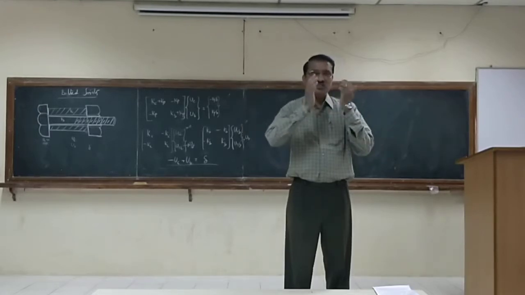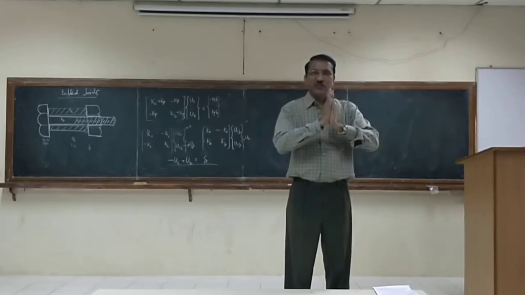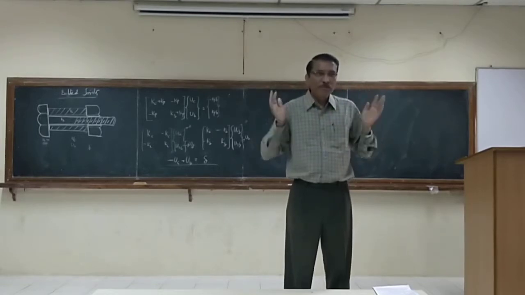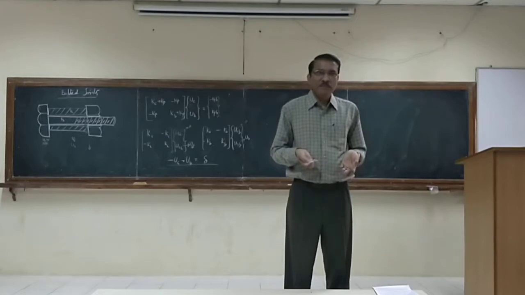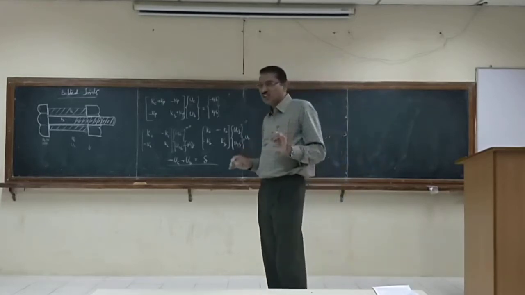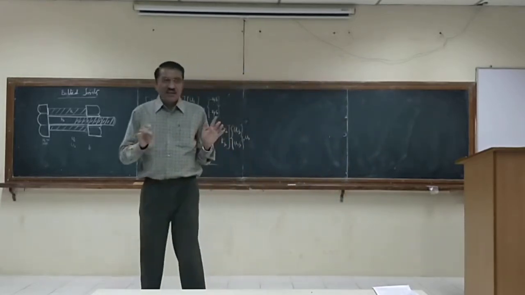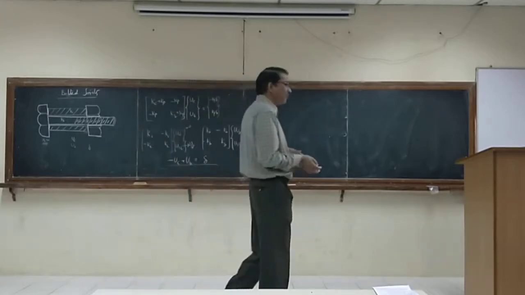We have two flanges. You take them, put a bolt and nut, fit it snugly. Can you leave it? Preload is very, very essential on a bolted joint or a riveted joint. What happens without a preload?